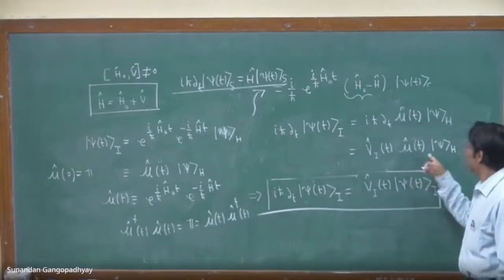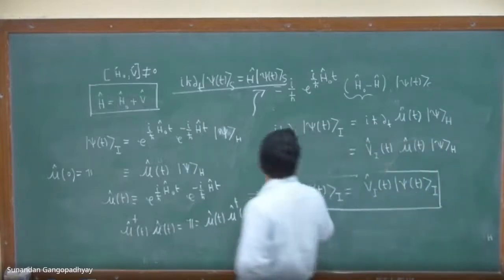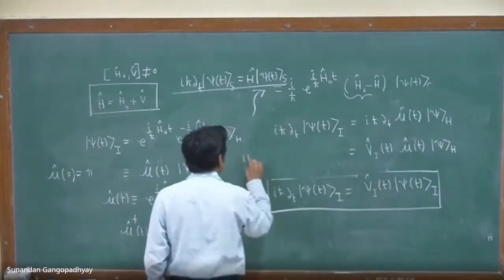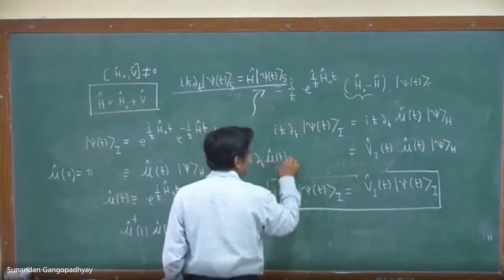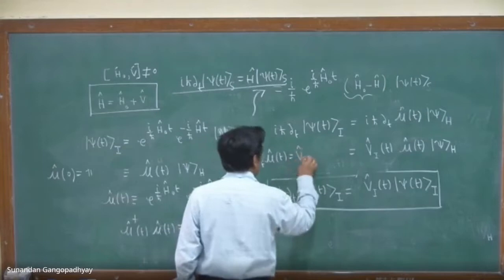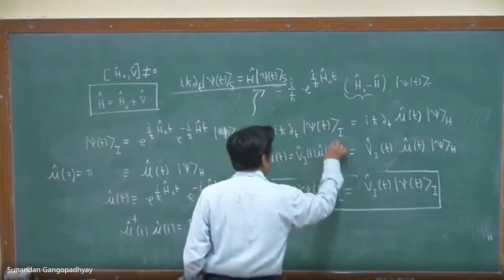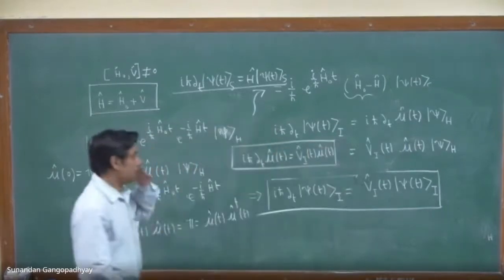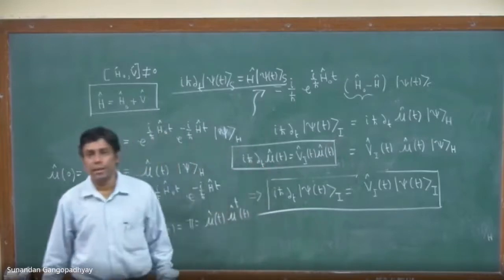And therefore, the equation of motion for U hat is the following: i h bar del t U hat t is equal to V hat I t U hat t. So this is the dynamical evolution equation for this operator U hat t.